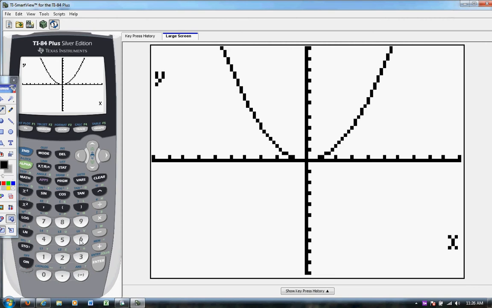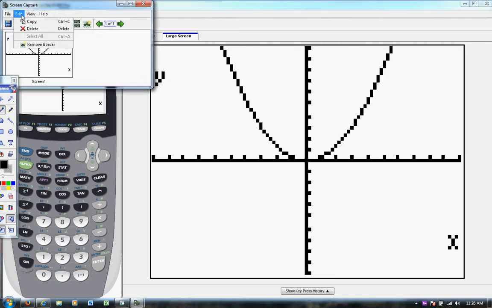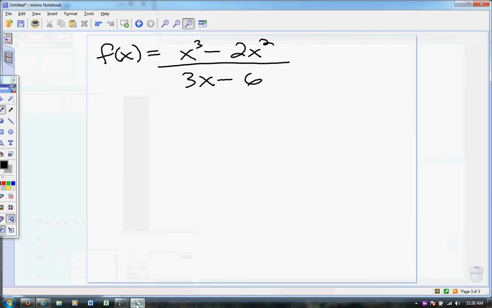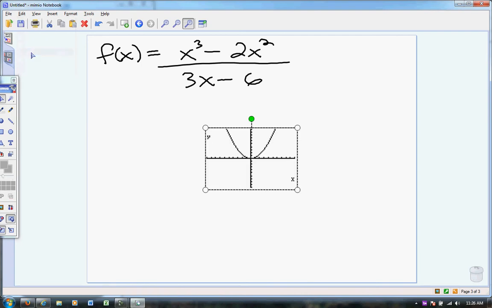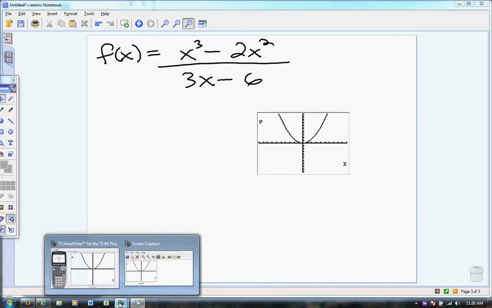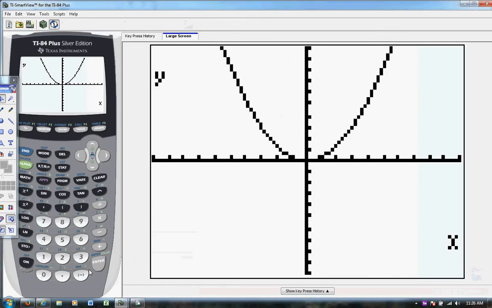It kind of looks like a parabola, doesn't it? Right? So, it does look like a parabola. I'm just going to paste this in case I want to draw on it. Okay, it looks like a parabola. But let's do something here. Let's go to some table values, shall we?